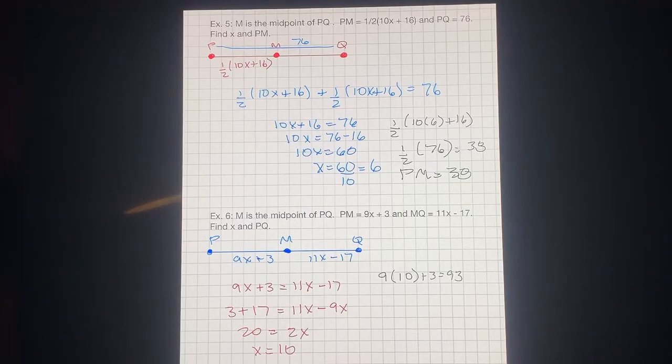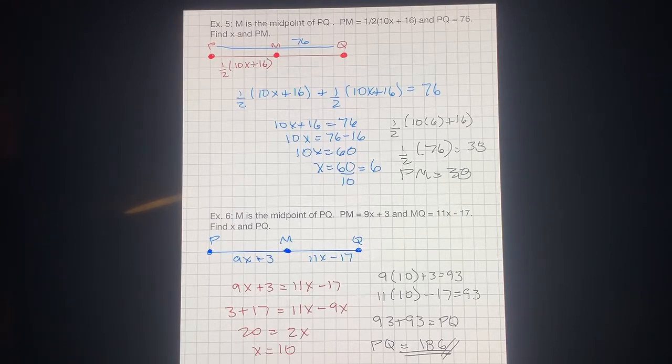And then if I do 11 times 10, which is 110, minus 17, that's also 93. So I can say that 93 plus 93 equals PQ. So PQ equals 186. And that would be my final answer.